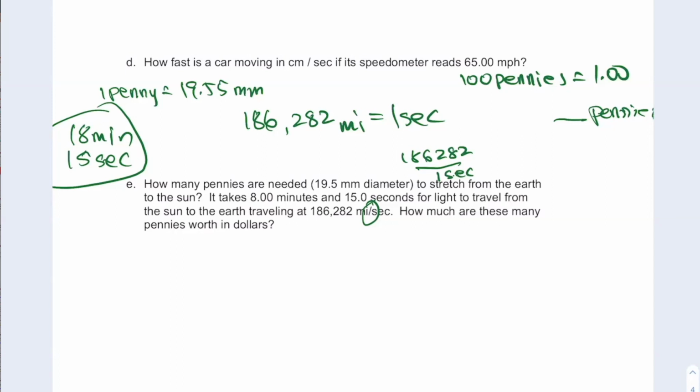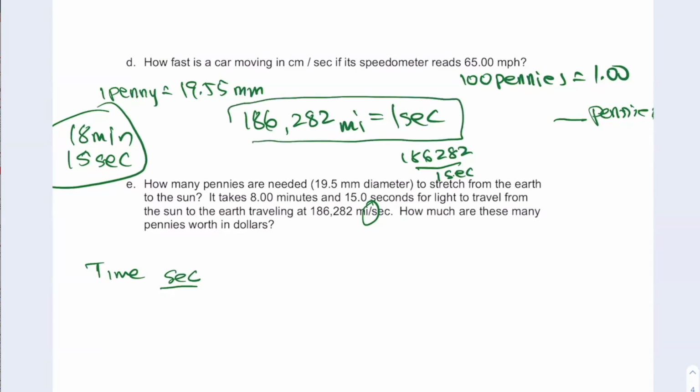So we're going to start with time, and we're going to make that seconds. Now, if you look at our conversion factors, where is seconds? It's right here. So our first conversion factor is seconds over miles. And I'm not even going to put the numbers there.